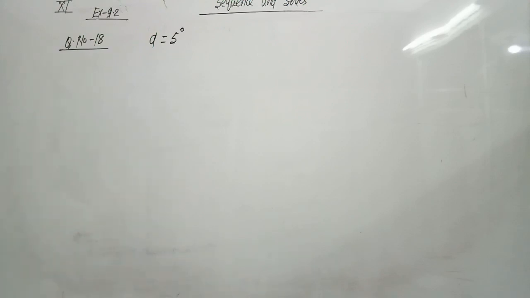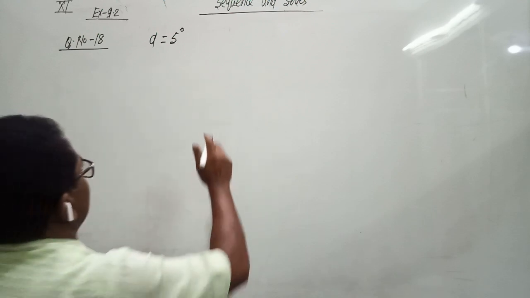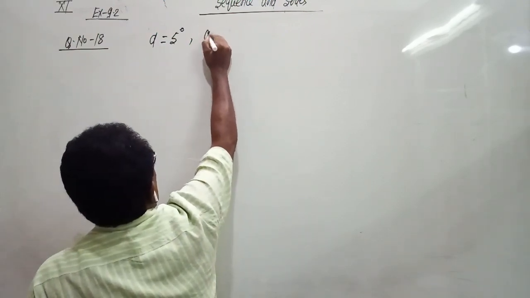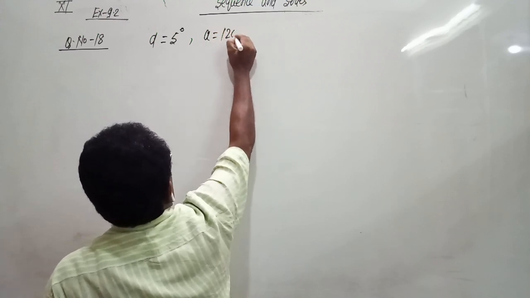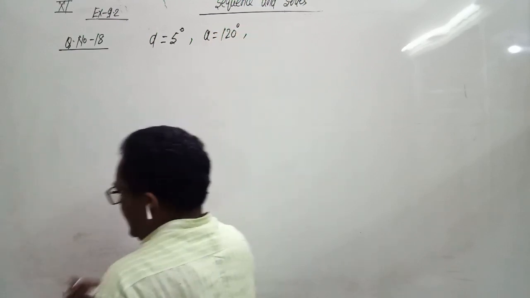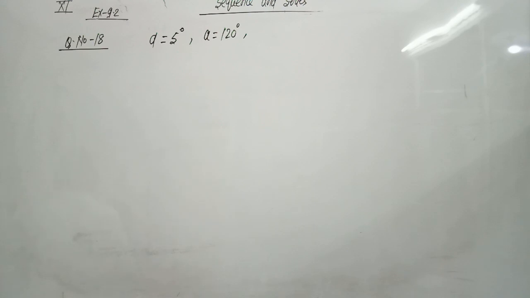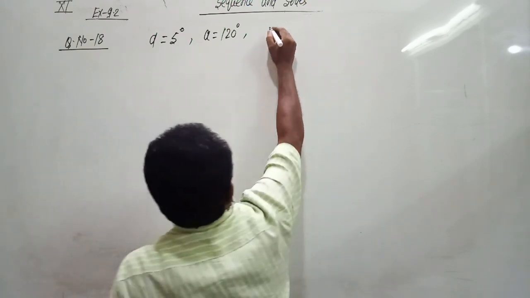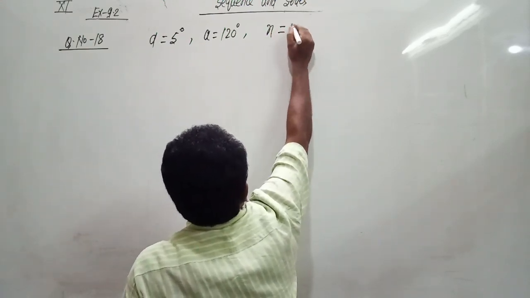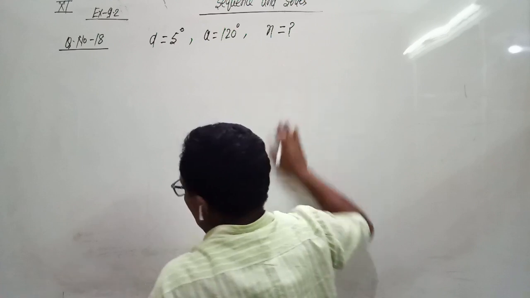If the smallest angle is 120 degrees, the smallest angle means a is given. The value of a is 120 degrees. Find the number of sides of the polygon. We have to calculate n, the number of sides of the polygon.